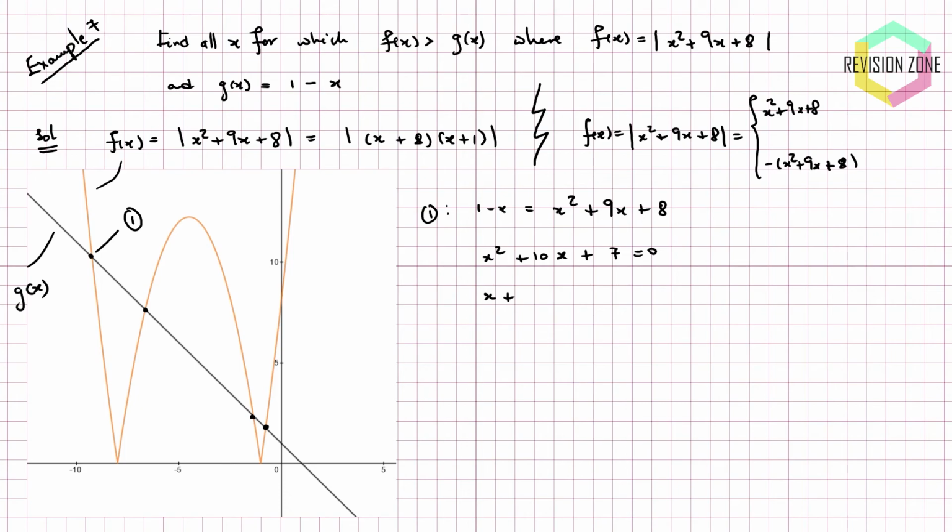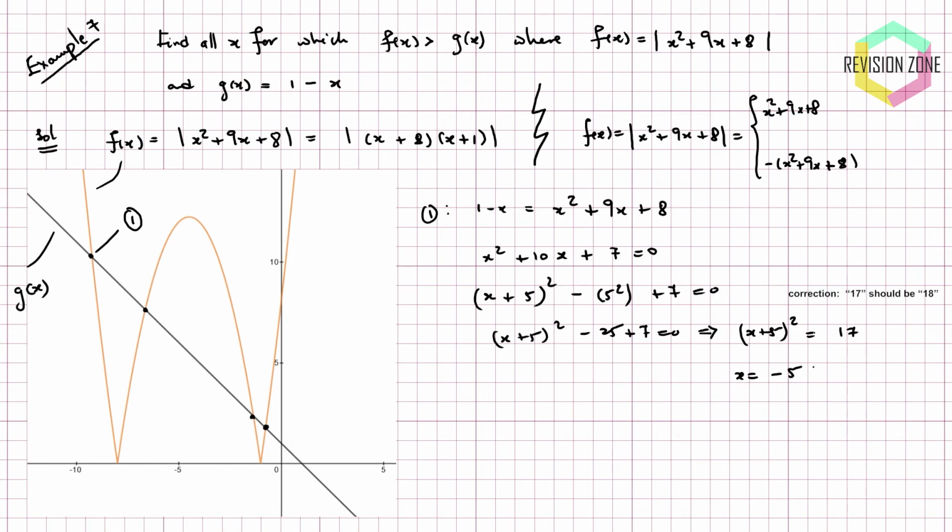So I'm just going to say half the coefficient, square the whole thing, take away what I've got, and then add 7. That's the same thing as x plus 5 all squared minus 25 plus 7 equals 0, which tells me that x plus 5 all squared is the same thing as 25 take away 7. And so we can go on and take the square root and figure out the solution, right?